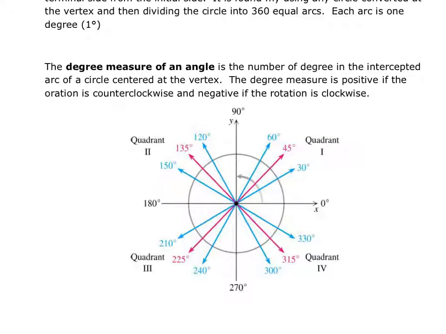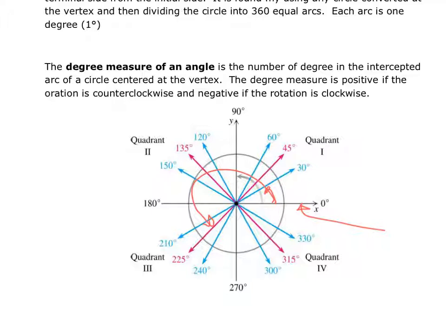So here it is in degrees. Let's talk about degrees. This, again, is my initial side. When we do the measurements of angles, we go in the counterclockwise direction. So when I go 30 degrees, I have gone 30 degrees off of my initial side, or the positive x-axis. If I ask you for 225 degrees, that means I have gone here.